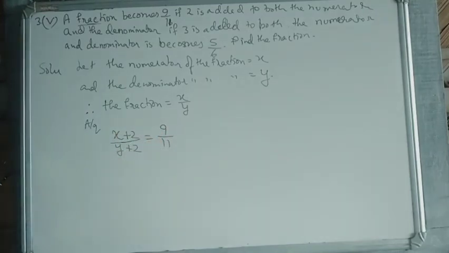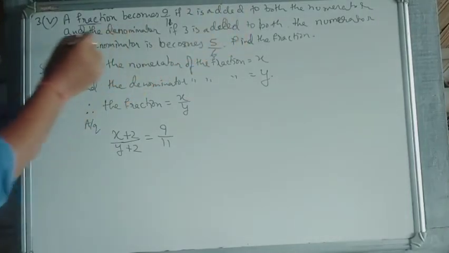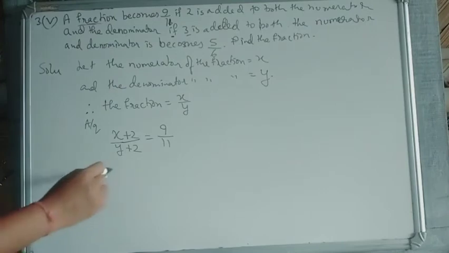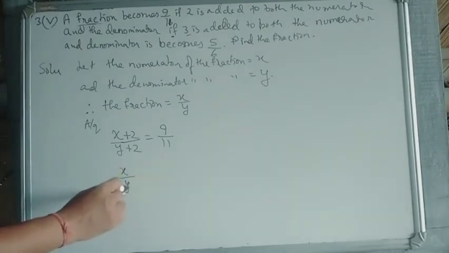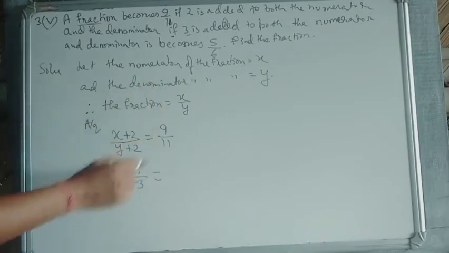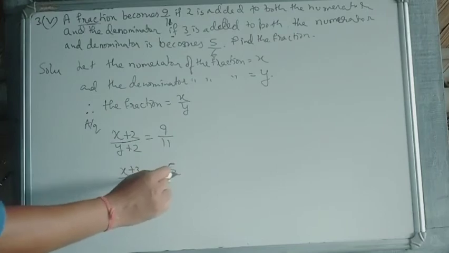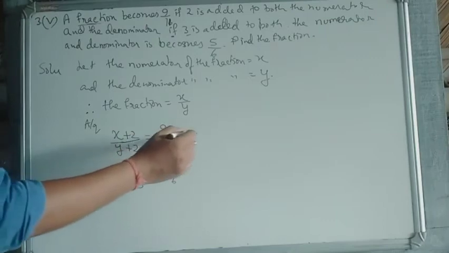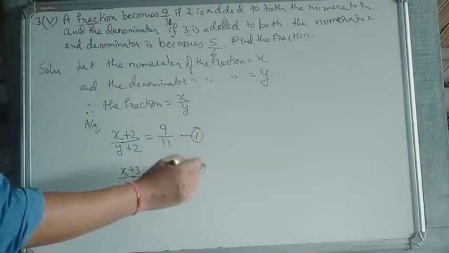Then the second part: if 3 is added to both the numerator and denominator, same thing, x by y, 3 is added to both, so it becomes 5 by 6. Now we have to solve these equations to get the fraction. We'll say this is equation number 1, this is equation number 2.